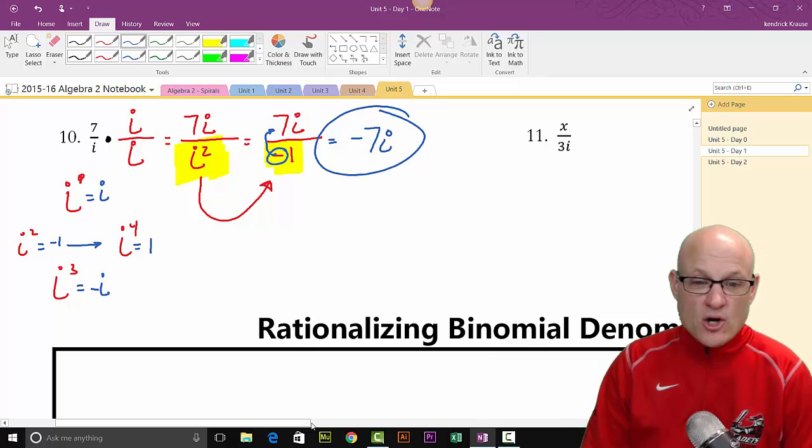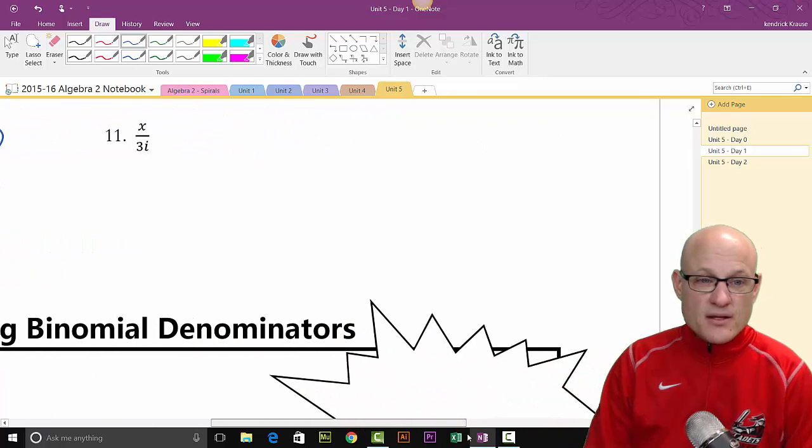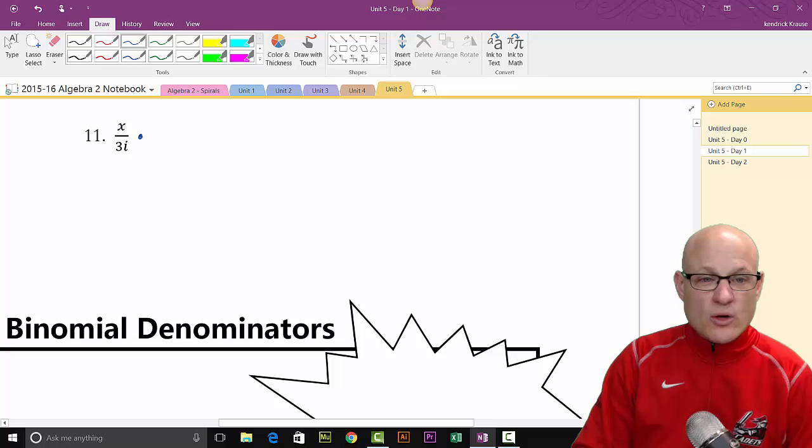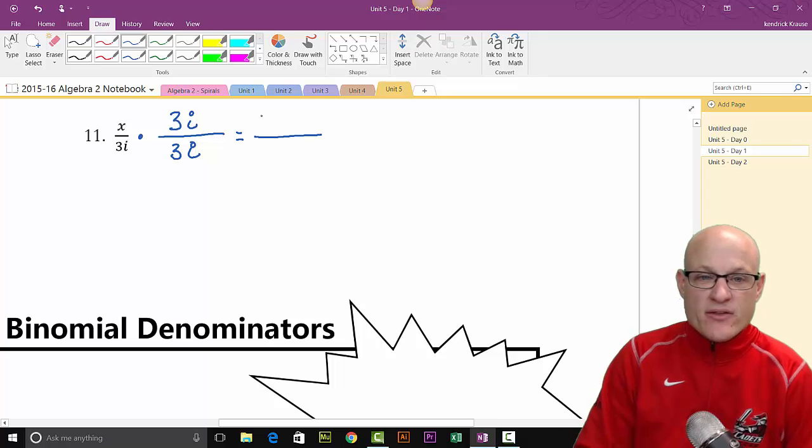All right. Over here, I'm going to take you through this problem twice. I know what you're thinking, we're going to have to multiply by 3i over 3i. So let's do that very quickly. That's fine. That's still 1. In the numerator, you get 3i times x. I always put the variable last.